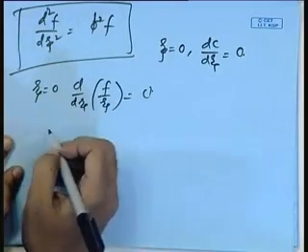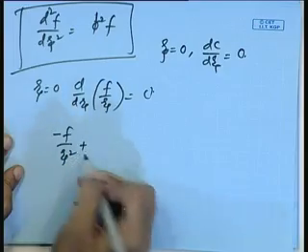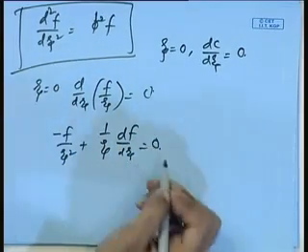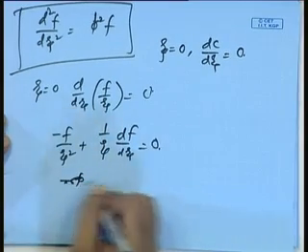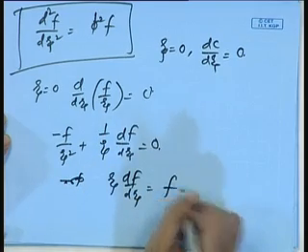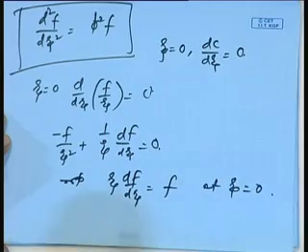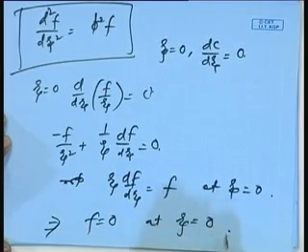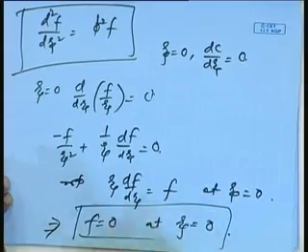Which means this is minus f over psi square plus 1 over psi del f del psi equals 0. Fine. Multiply all through by psi square, you get minus f plus psi times del f del psi equals 0. This is the boundary condition, right? Which means that f equals 0 at psi equals 0. Done. So you get your first boundary condition.